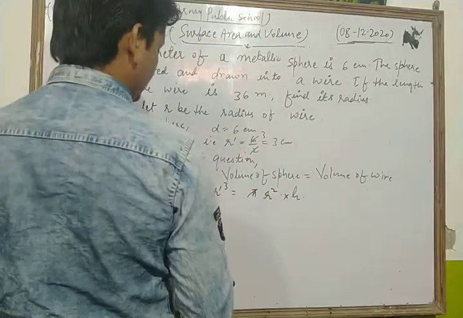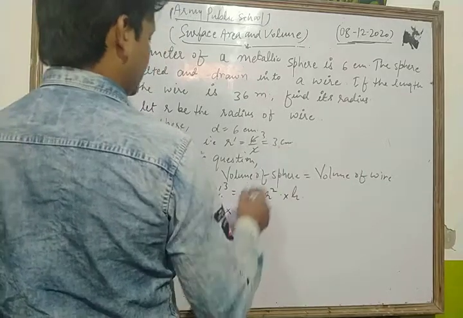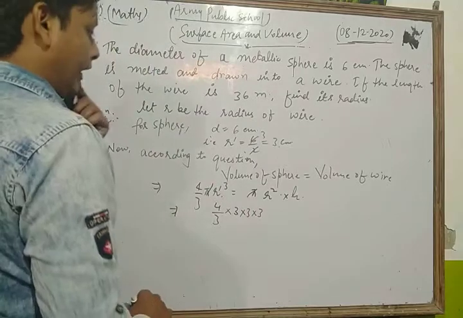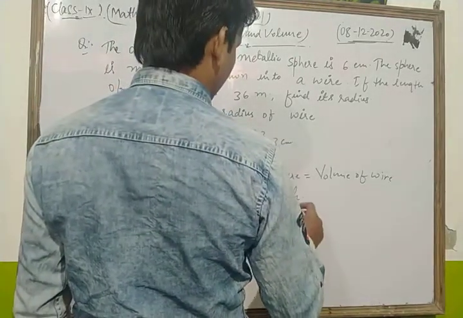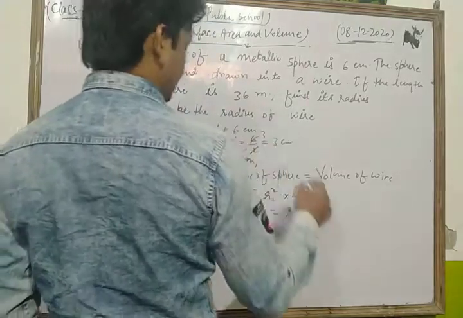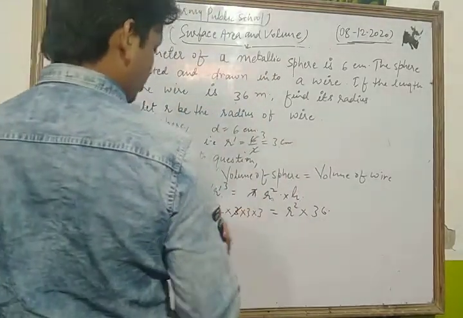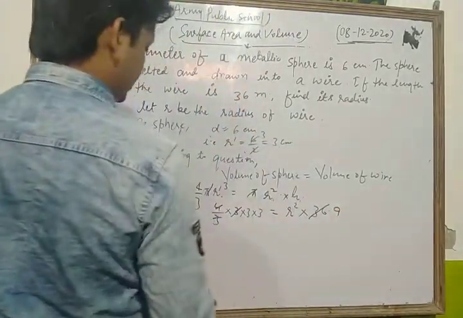Now pi cancels on both sides. So we get 4 by 3 into R dash, which is 3, so 3 into 3 into 3, is equal to r square into h, and the value of h is 36. Now 3 cancels, and 4 nines are 36.